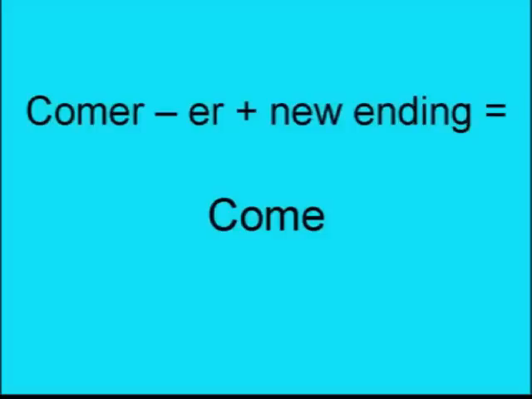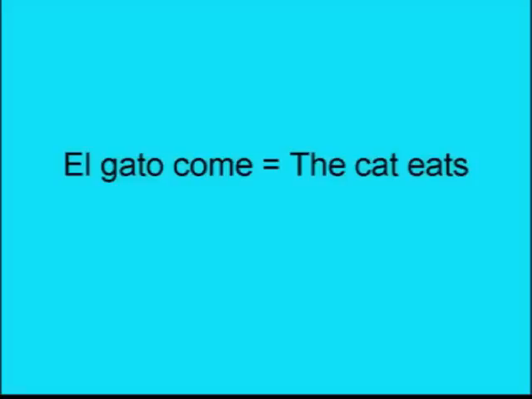To make it make sense, we cut off the ER ending and add a new brain or ending to the word. We know that because the cat will be using the brain, we have to add the E brain or the E ending. We do this and we get come. Put it into our sentence and you get el gato come, which means the cat eats.